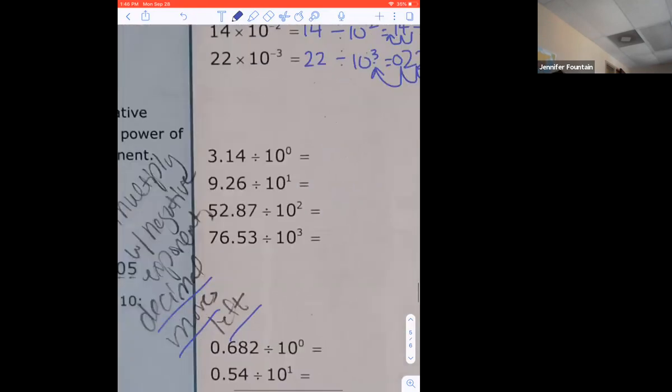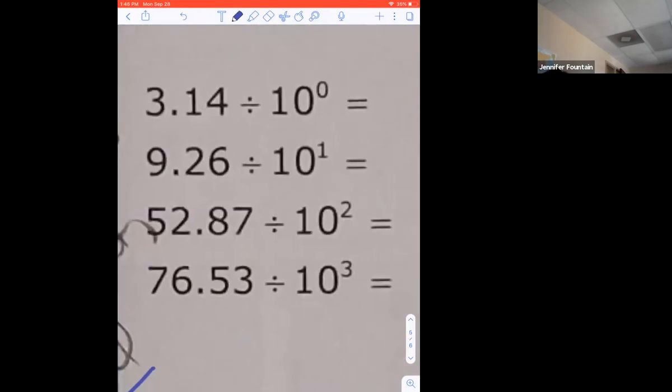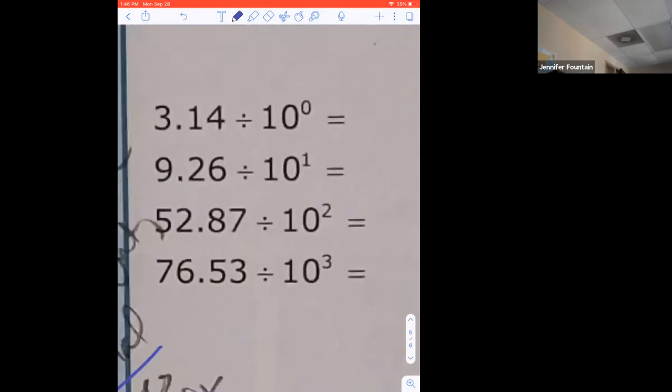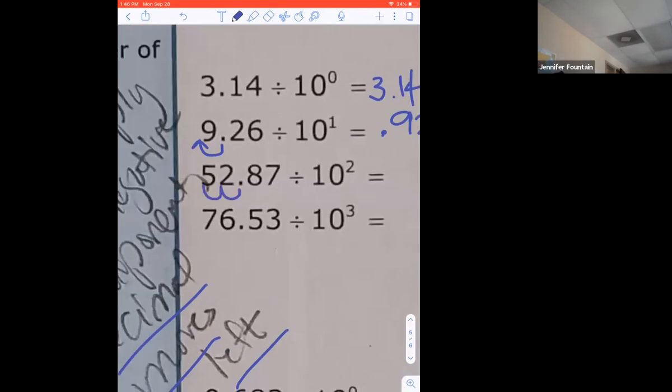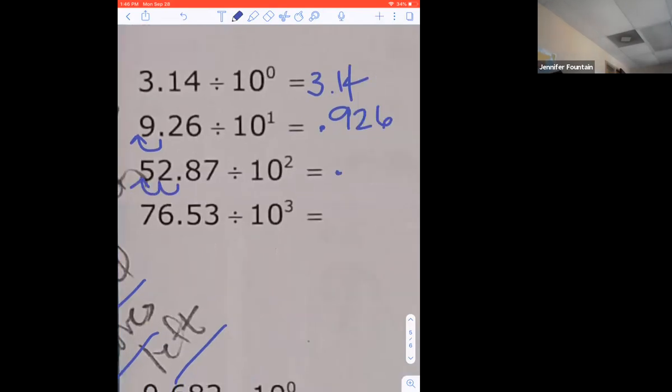All right, 3.14 divided by 10 to the 0 power. It's the same as 3.14 divided by 1, so it stays 3.14. 9.26 divided by 10 to the first means I'm going to move my decimal one place to the left, so 0.926. 52.87 divided by 10 to the second, move your decimal 2 places to the left, so decimal 5287.